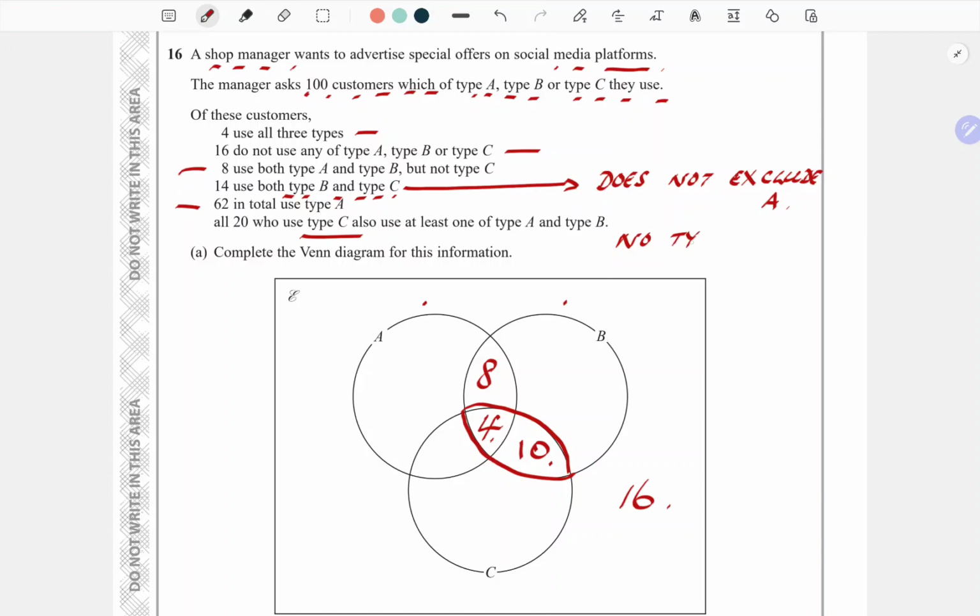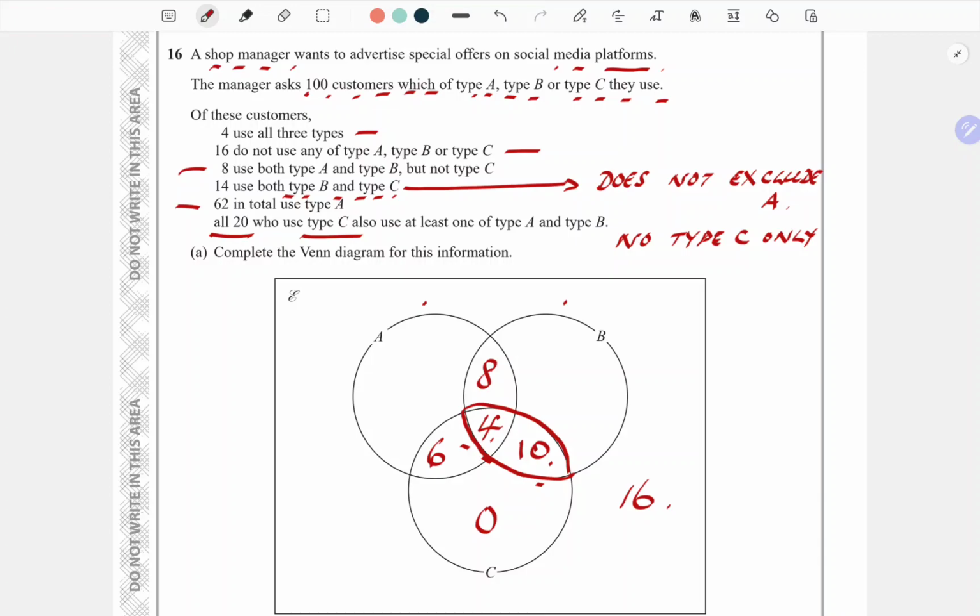No type C only. All right. So that is 0. Okay. Better to leave it just blank. All right. And then it says all 20. So we know that the circle containing type C has to have a total of 20. We already have 14 there. So that leaves us with 6. All right. So the 6 must go into the leftover bit of type C. All right. I hope all this is making sense.